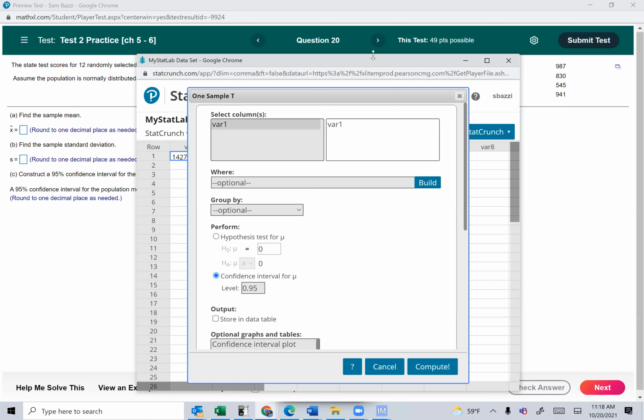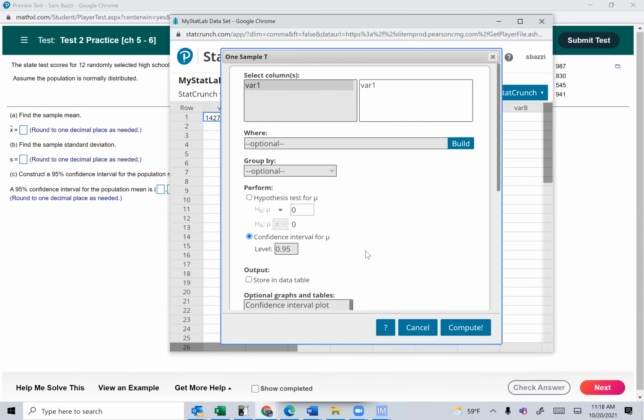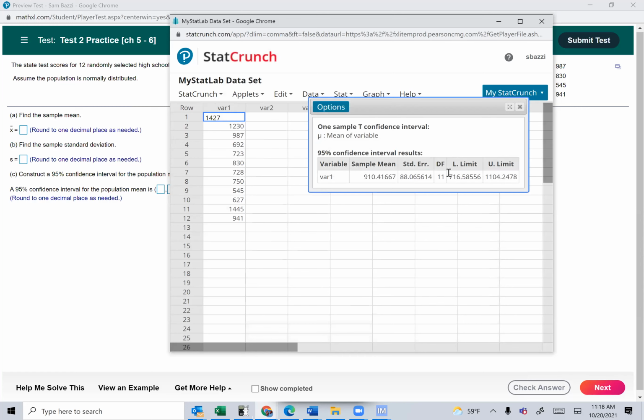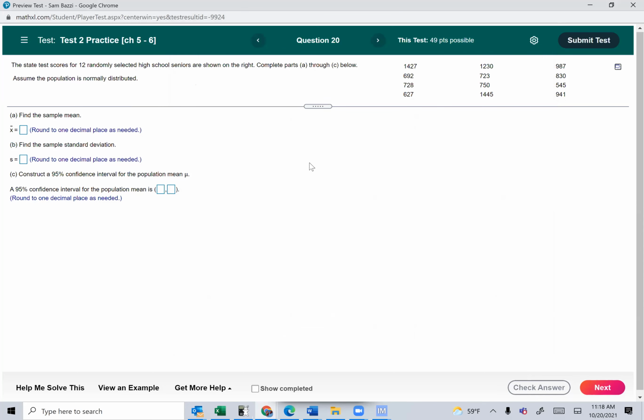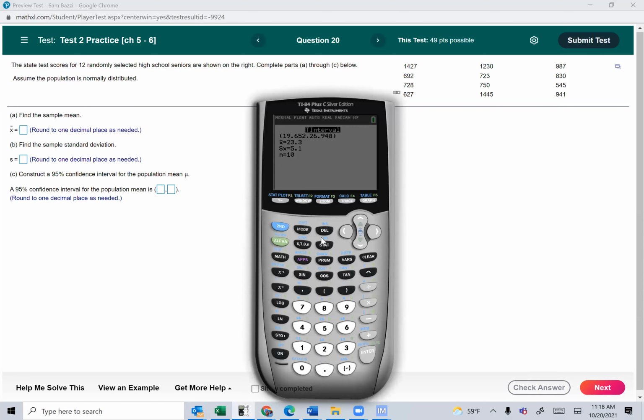What did he want here? Construct 95% confidence. Okay, 95%, compute. There you go. That's the confidence level. The confidence interval, 716.58, 1,104. But for the sake of the test, guys, you're not going to have StatCrunch. So we're going to put the numbers onto your calculator and do it.